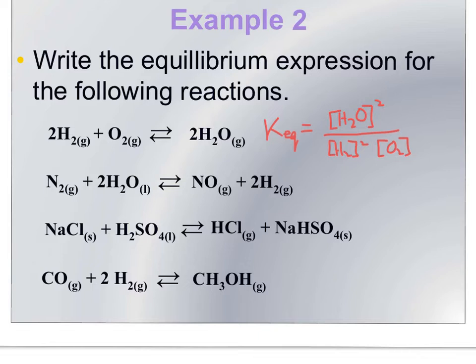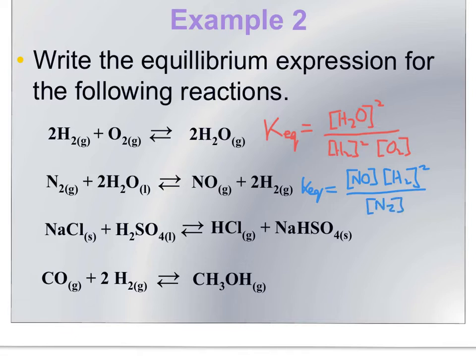All right, next one. I'm going to write the K expression. You can write K or KQ, same thing. So my first product is NO raised to the first power times the concentration of H2 raised to the second power over the concentration of N2 just raised to the first power.